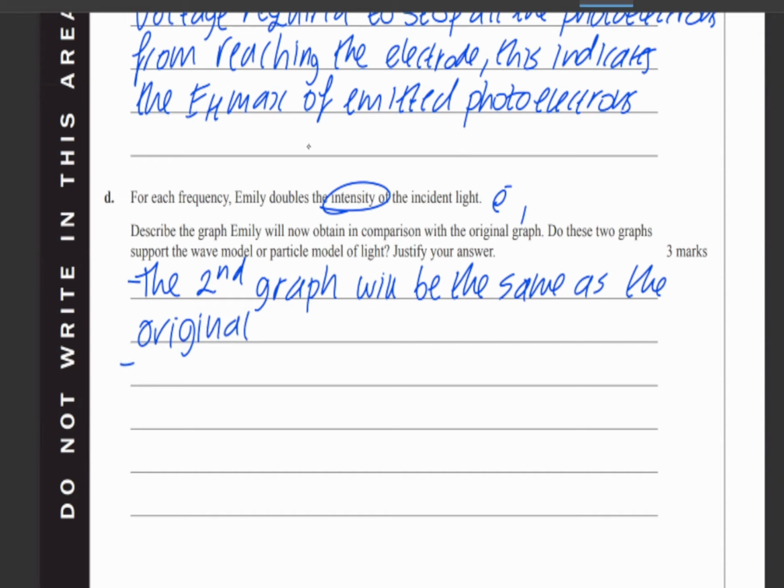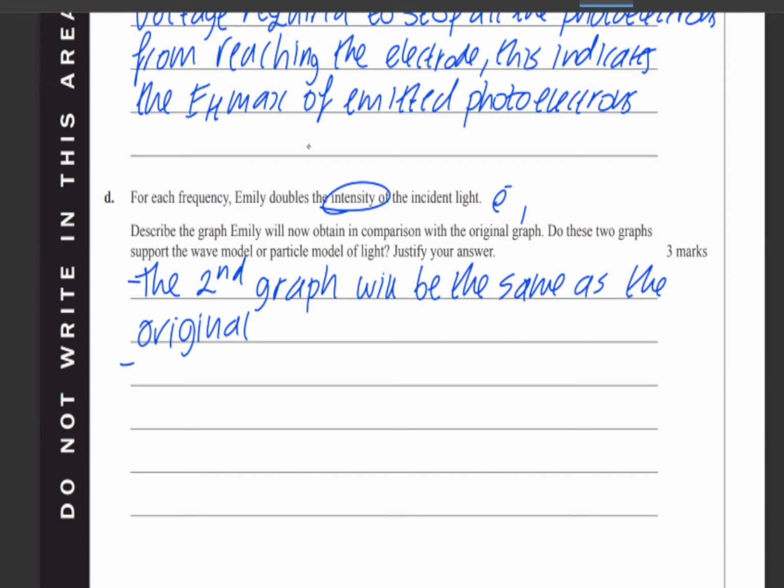Then you need to talk about the wave or the particle. So it follows the particle model, because the wave model says that you could have any frequency, and over time the electrons should be emitted.